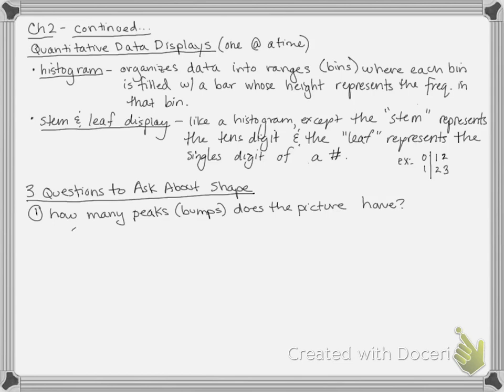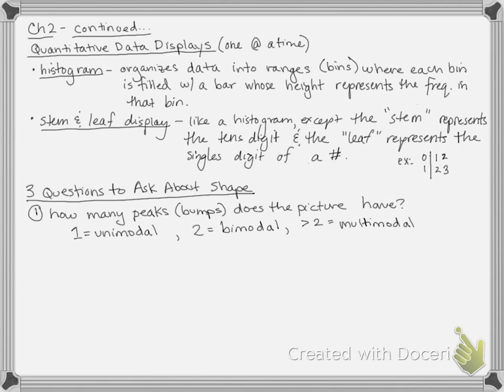If it has one peak, it would be referred to as unimodal. But let's say the graph goes up and then down and then up and then back down again, which is kind of like a roller coaster. That sounds like two peaks, right? That would be considered bimodal. And then greater than 2, so 3 or more, we would consider to be multimodal.